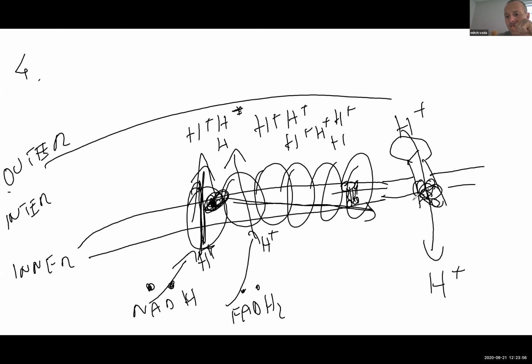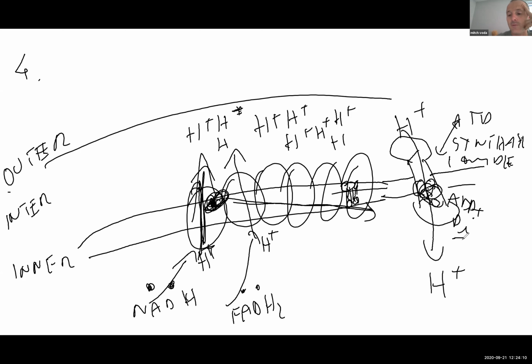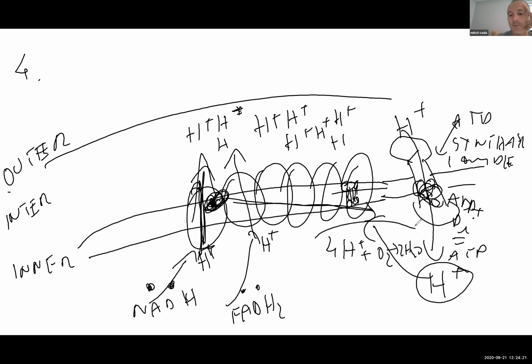This is the ATP synthase complex. So what it does, ADP plus phosphate turns into ATP. Now this hydrogen is brought to this side right here, where hydrogen binds to oxygen and turns into water.